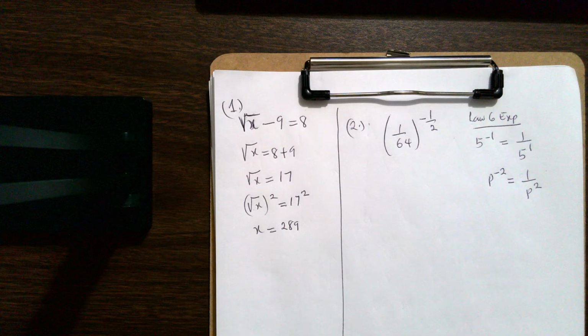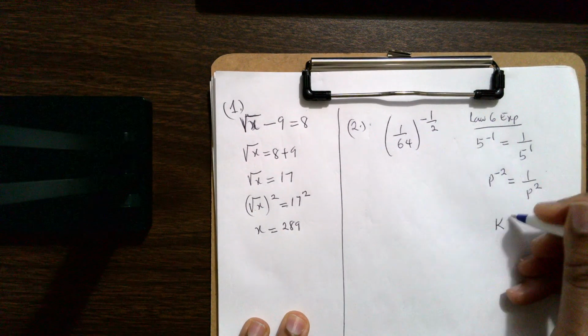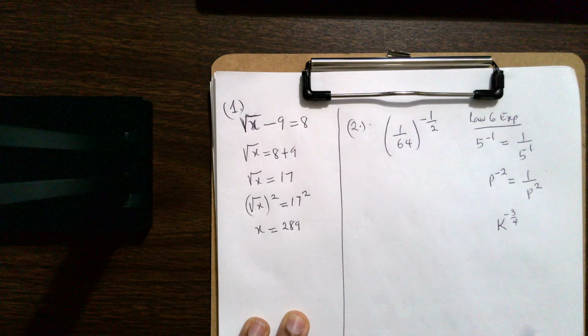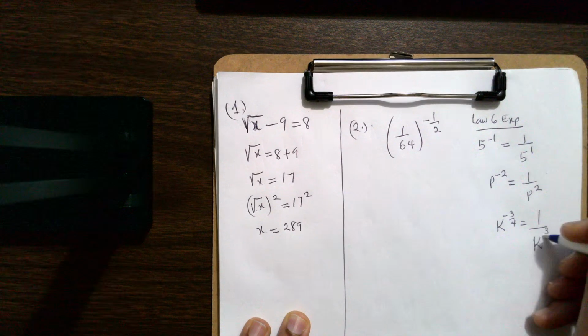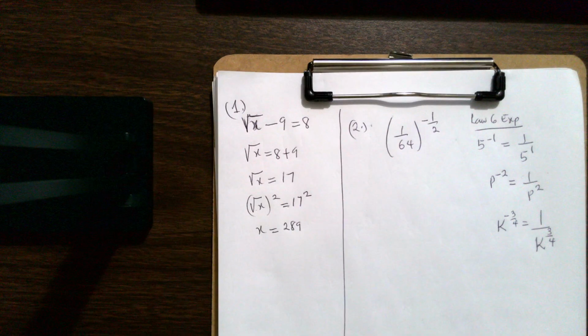The exponents could be integers or fractions. If we have k exponent negative 3/4, this will be 1 over k exponent 3 over 4. So that is law 6 on exponents.